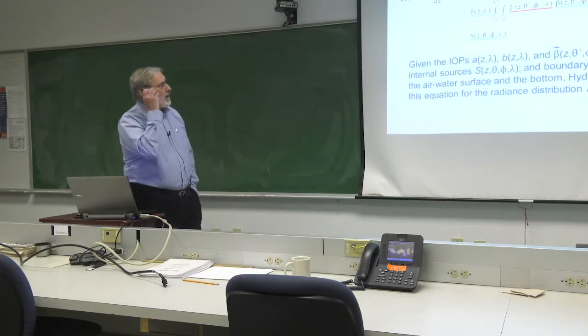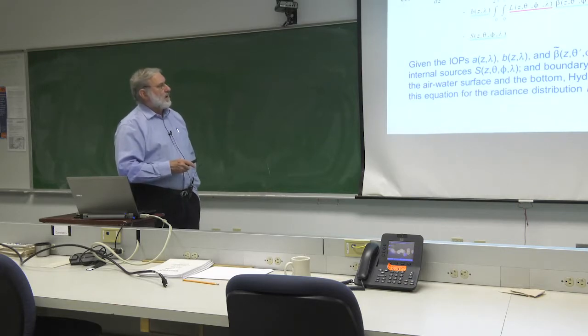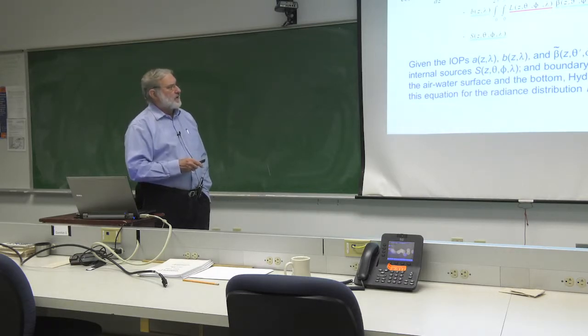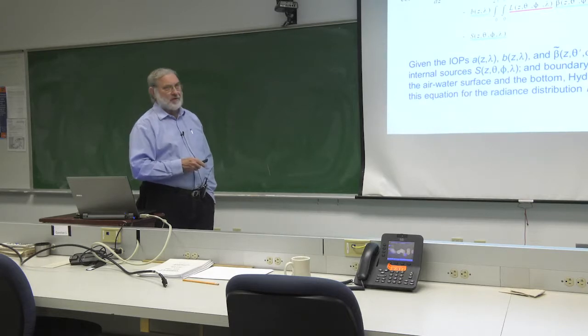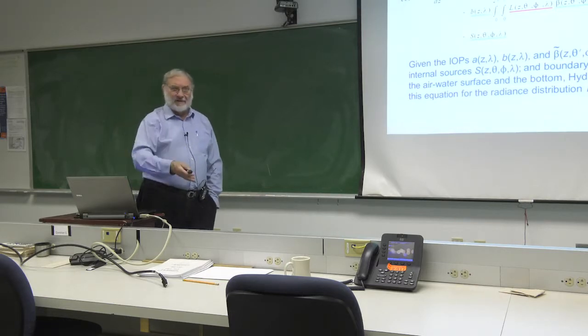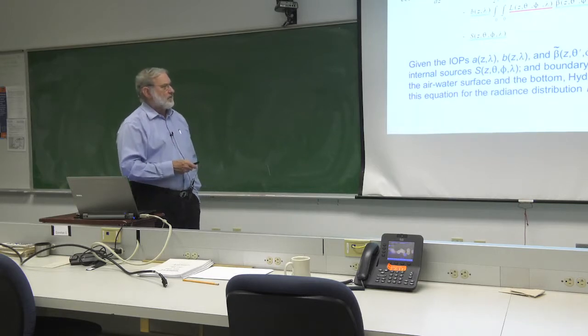Okay, so our friend, the radiative transfer equation, we've seen before, and what's going to happen in Hydrolight is you have to put in the IOPs, absorption, scattering, phase function, and if there's an internal source like bioluminescence, you would have to specify that. You have to tell it the light that's incident onto the sea surface and the waves on the surface and so forth, and that fixes up the boundary conditions.